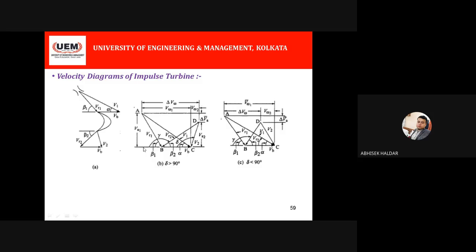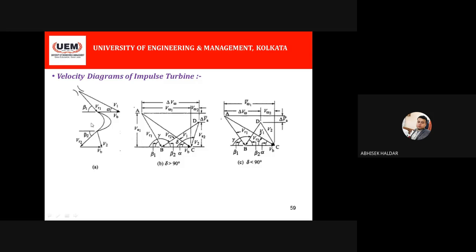This thing should be clear to you. It is due to the tangential component. Tangential, sir, because that tangential thrust is happening on the blade, not the axial thrust. The blades are moving in the tangential direction, not in the axial direction.